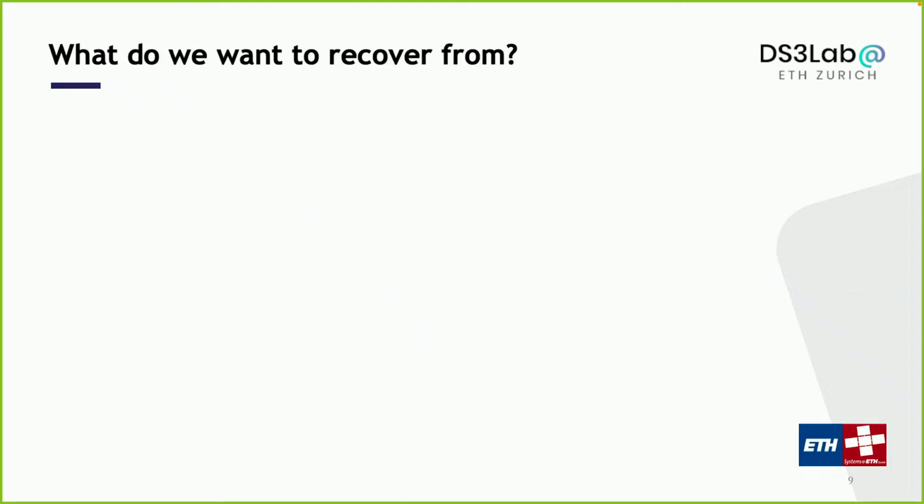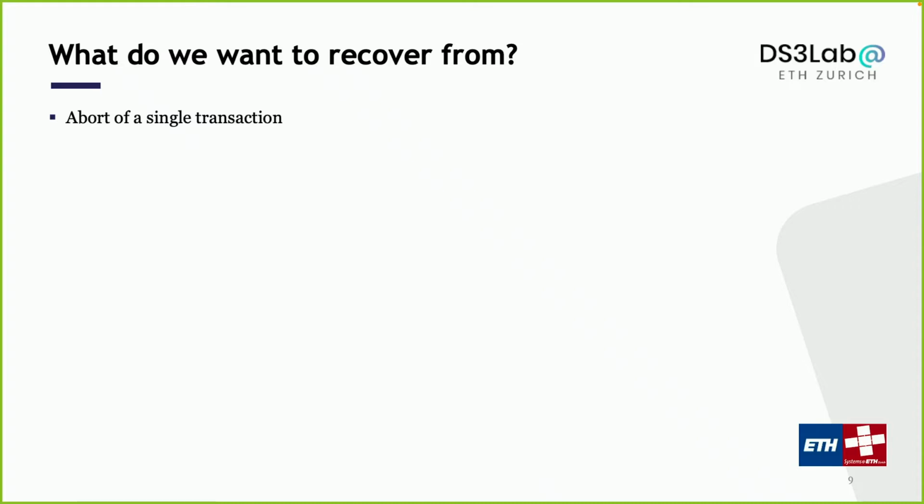Before we talk about how to recover, let's think about what we are actually recovering from. What are the events that could trigger recovery? There are actually a lot of things, and it isn't always related to a system crash.